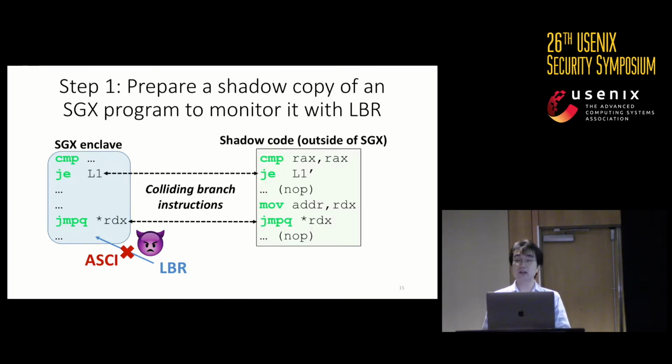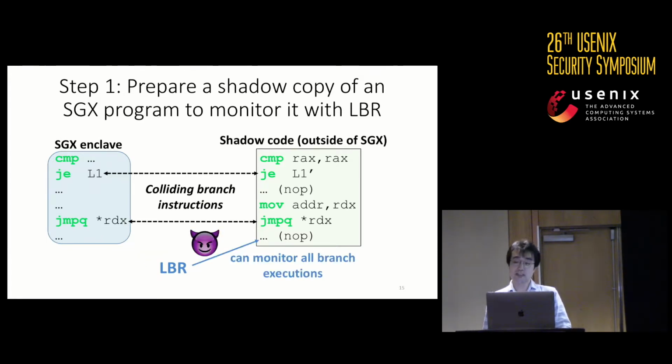Instead, an attacker can write shadow code consisting of branches colliding with these target branch instructions and then execute it outside of SGX. Because this shadow code is executed outside of SGX, the attacker can monitor its behavior with LBR.